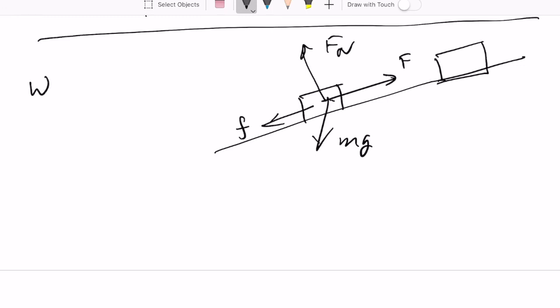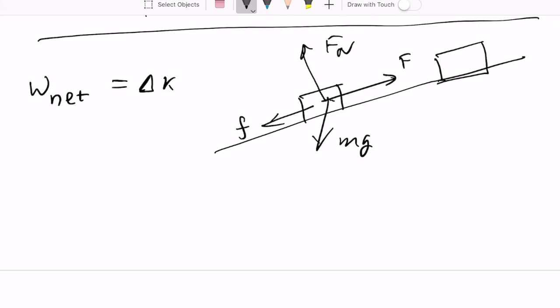It says that the net work done by all of these forces equals the change of kinetic energy of the object, right? So to find the net work, you would have to just calculate the work done by each one and then add them up, as we did in the example in the previous video. You just have to add them all up and get the total amount of work done, right?